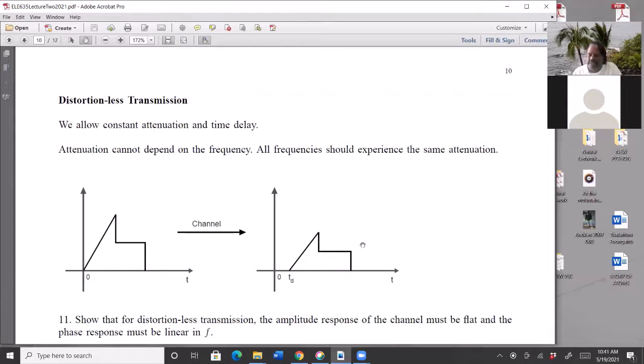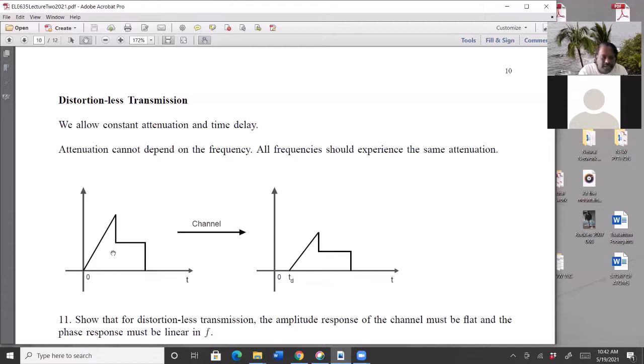If this property is not there, for example, if something happened in the time domain where this gets delayed by 5 milliseconds and this gets delayed by 7 milliseconds, then the shape will be different, and that has distortion. Vertically, if every instant gets crunched by the same amount, like 1/3 or 3/4, we are fine.